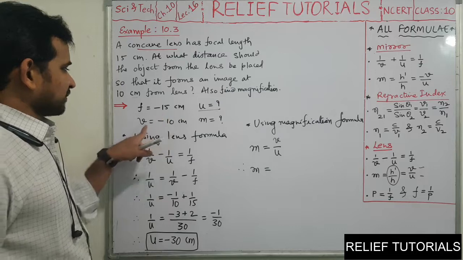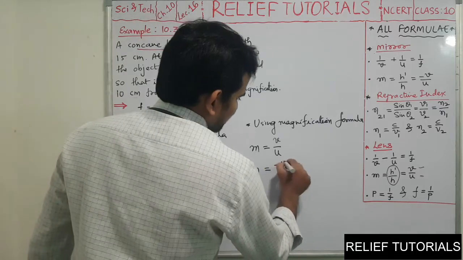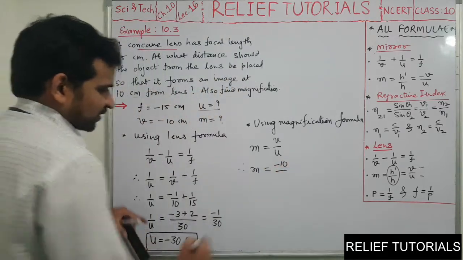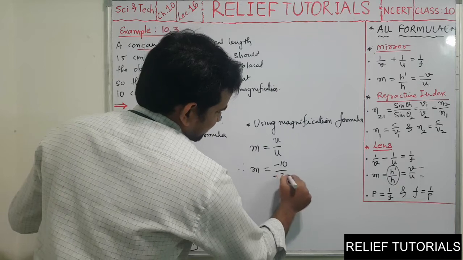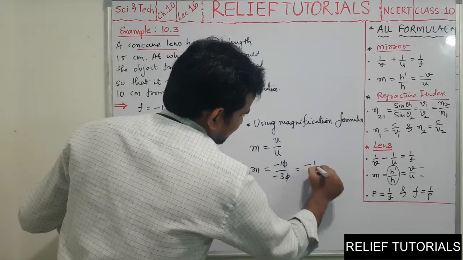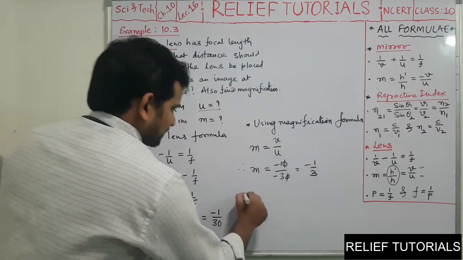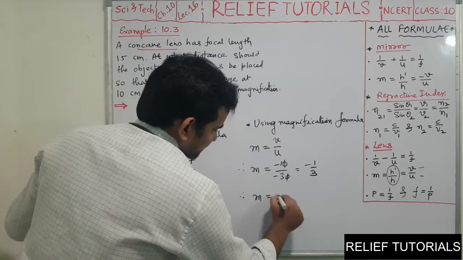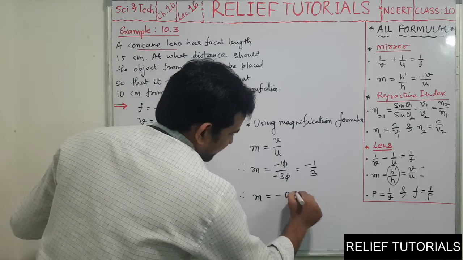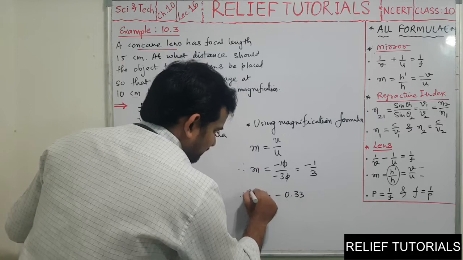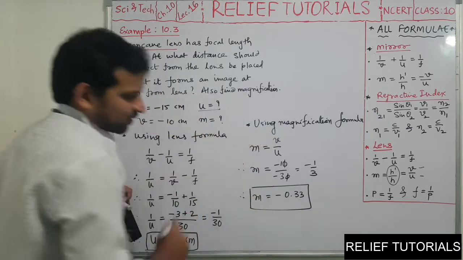The value of v is minus 10, upon u is minus 30. The 0 cancels, it is minus 1 by 3. So therefore we can say m is equal to minus 0.33. So this is the magnification.